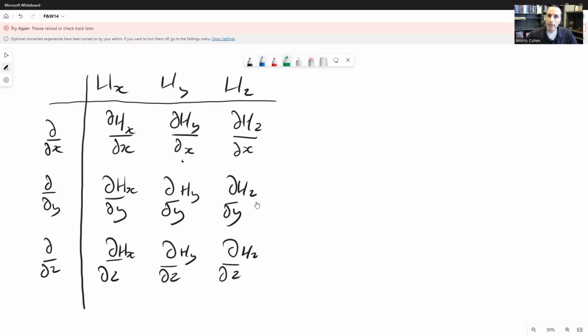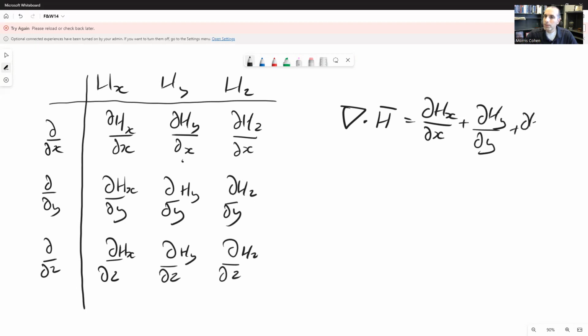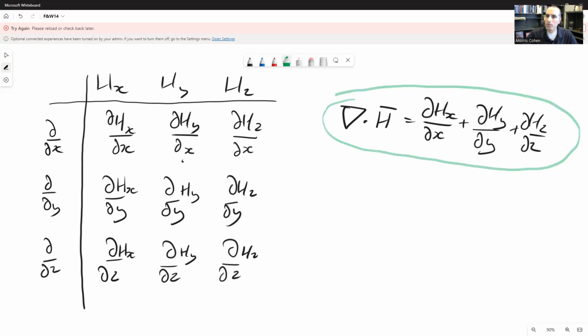What you'll notice is that if we go back to the definition of divergence, right, that the divergence of h would be dhx dx plus dhy dy plus dhz dz, which is to say that the divergence is going to be sensitive to these 3 terms here on the diagonal of this little table, right? It's the partial derivative of one component with respect to its own direction.